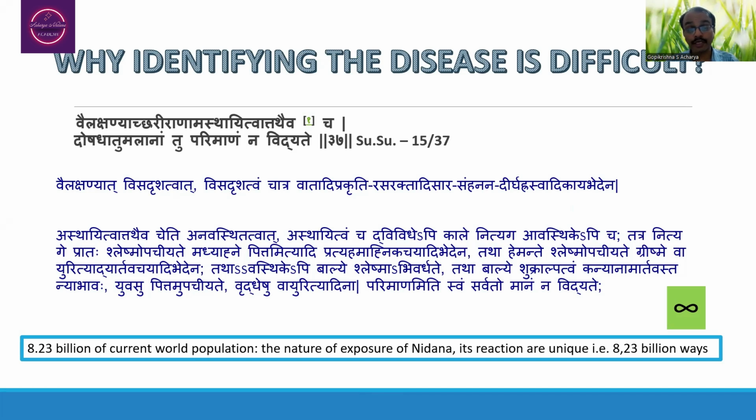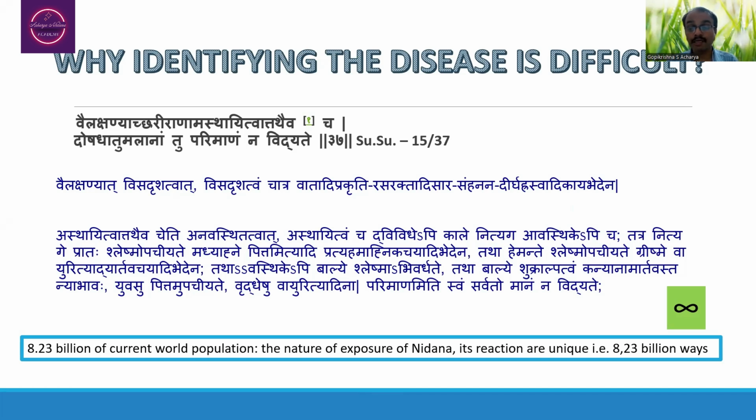The second point here is asthaitva, that is instability. In terms of time, they are of two categories, Nityaka and Avasthika. The term Nityaka refers to diurnal variations. There will be a normal increase of kapha dosha in the morning, of pitta at noon, and later in the afternoon an increase of vata dosha.